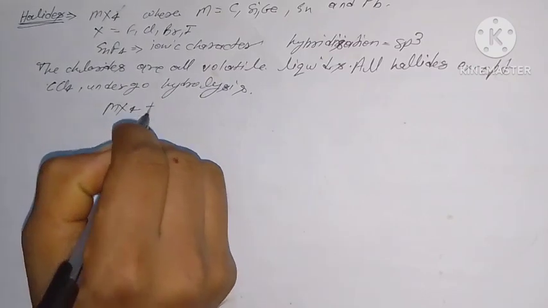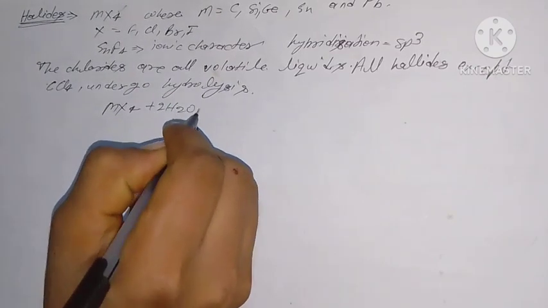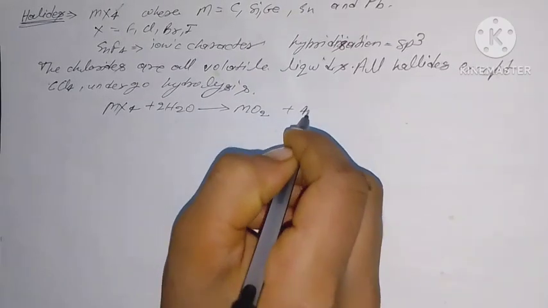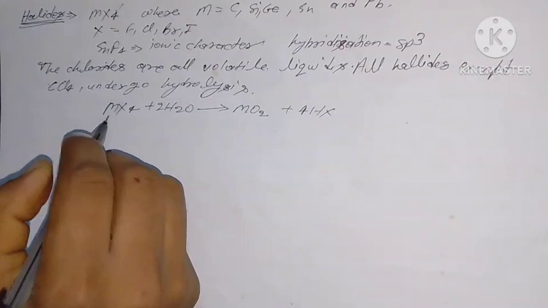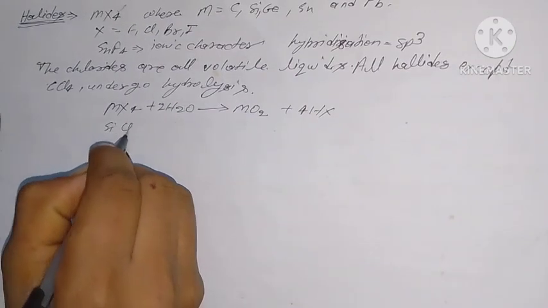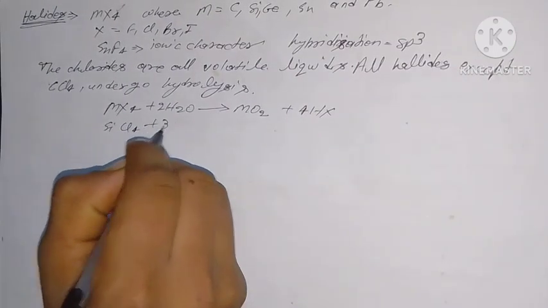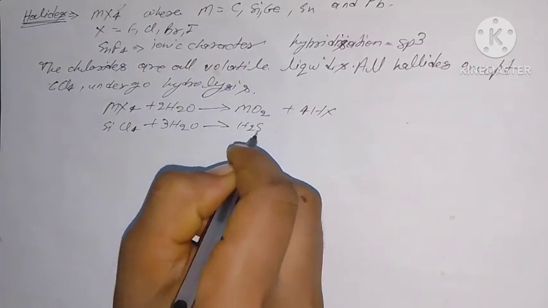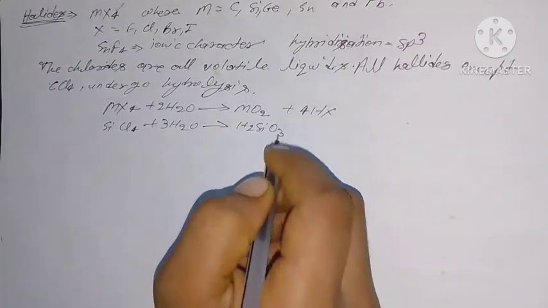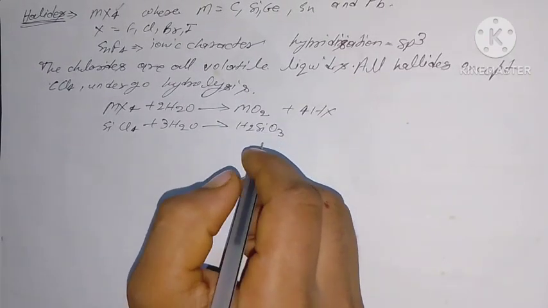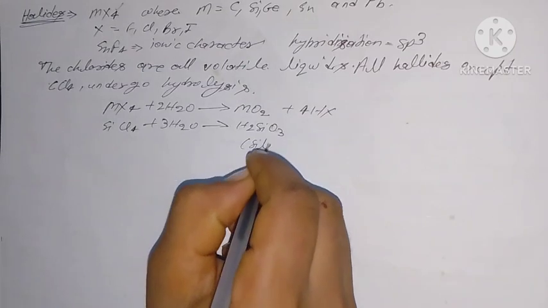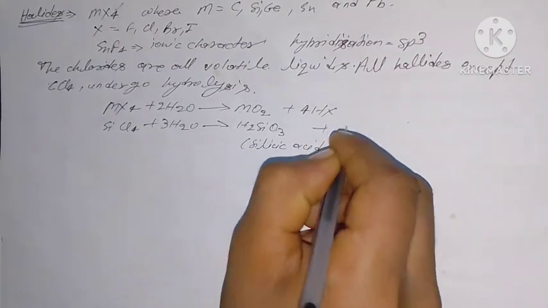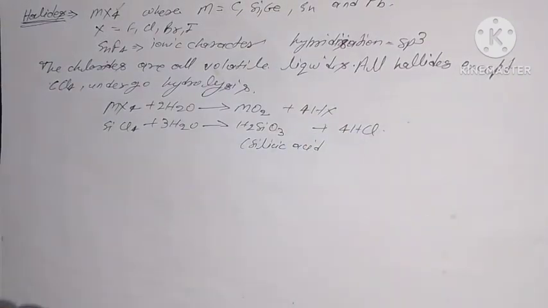Then the reaction: MX4 plus 2H2O gives MO2 plus 4HX. As an example, silicon tetrachloride plus 3H2O gives H2SiO3, silicic acid, plus 4HCl, hydrochloric acid.